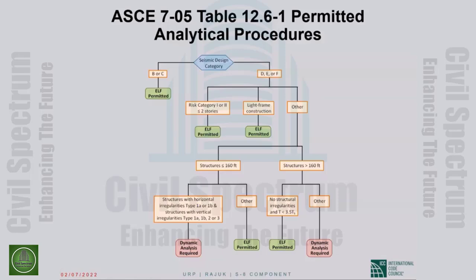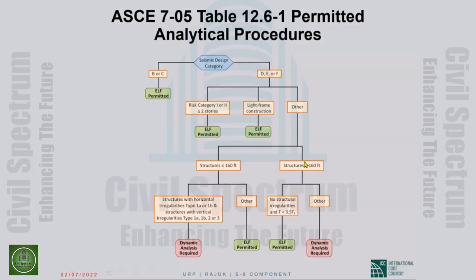S sub D1 over S sub DS is typically about 0.5. Very rough figure, 0.5. So 3.5 times 0.5 would be 1.75 seconds. T of 1.75 seconds would be the period of a 17-18 story frame building. So we are saying shorter buildings can be designed using equivalent lateral force procedure. Taller buildings, you have to do dynamic analysis.